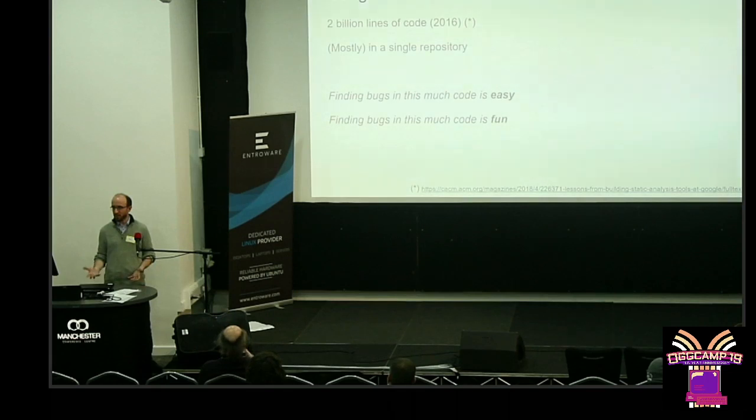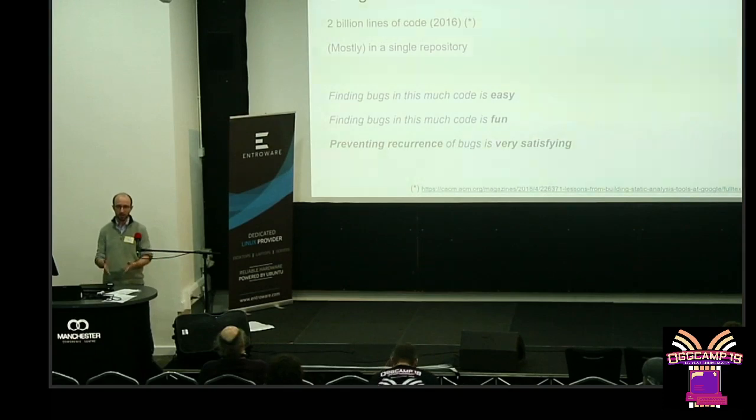I think finding bugs in that much code is really good fun. I could do this all day and all night, but I do have a day job as well. But the thing that really motivates me about this is I hate fixing the same bug over and over again. I just want the bugs to go away, and I want the bugs to go away for everybody.